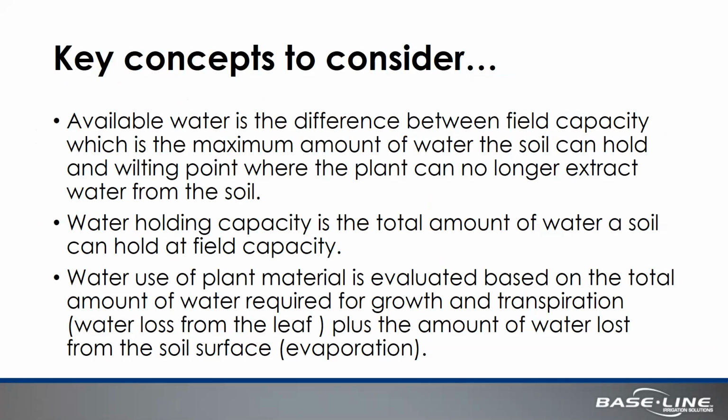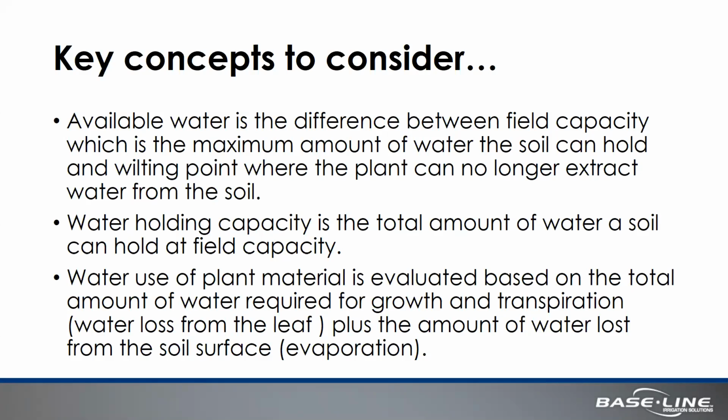So some of the key concepts to consider when we're applying technology to irrigation is a concept known as available water. Available water is the difference between field capacity, which is the maximum amount of water the soil can hold, and wilting point, where the plant can no longer extract water from the soil.